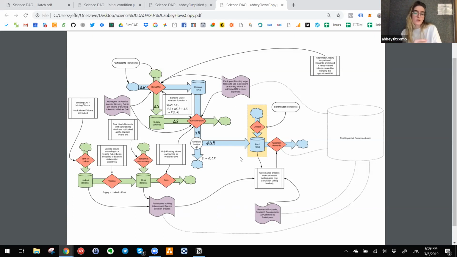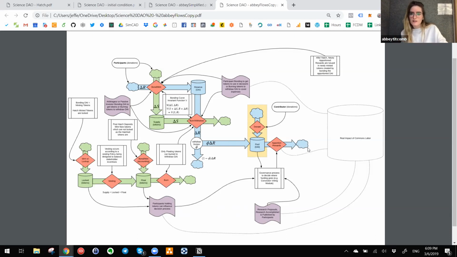So this system connects the bonding and minting of tokens to the funding of this pool, which can then be distributed, as you see in this diagram, right into funding real commons labor. The way it's connected is that the bonding curve initializes in 3 phases.